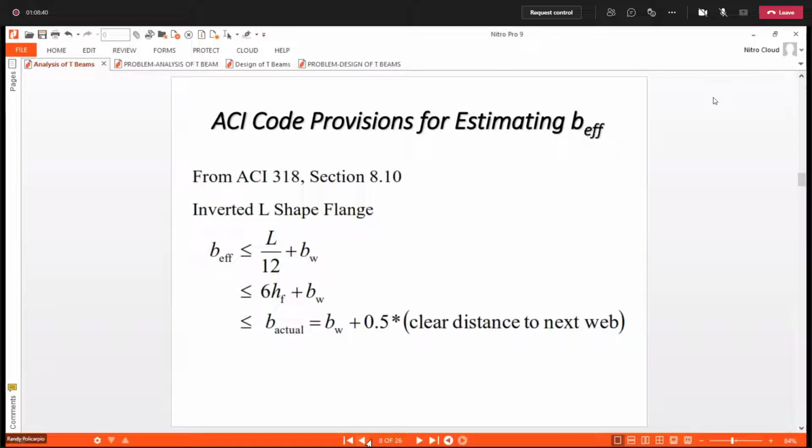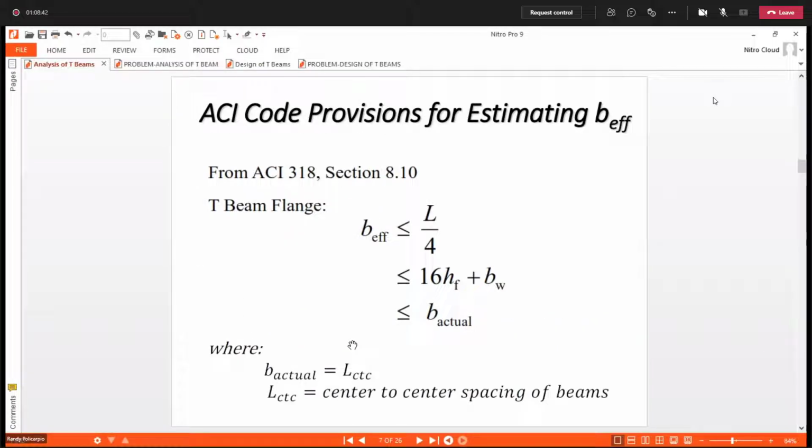Okay, so yun yung about this, para hindi tayo mawala. So this criteria is based from the new code, ACI. And if you compare it to NSCP, itong part na to, pagkakaiba, meron ditong plus BW.